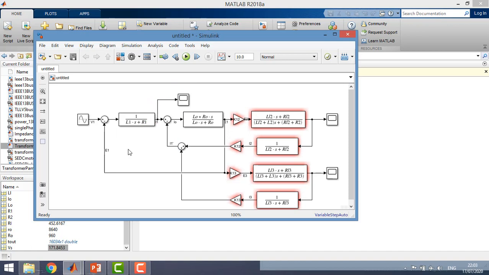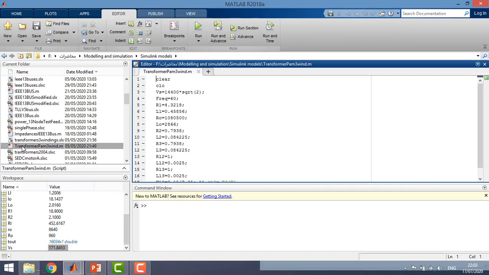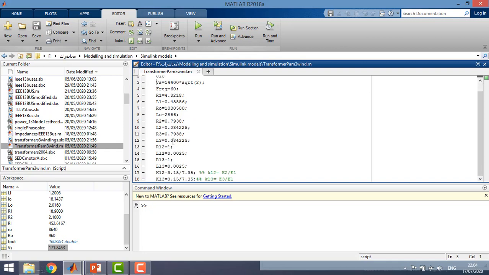Alright, so I've already written down the parameters presented in table 1, which represents a 3-winding single-phase transformer with Vs as the source voltage, 60 Hz circuit, and the rest of the series impedances and shunt admittance, and the coefficients and the turn ratio of the primary to the secondary and primary to the tertiary windings.